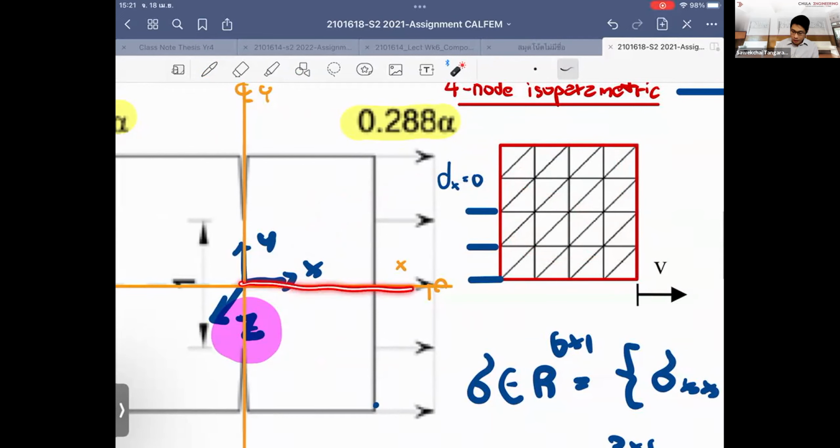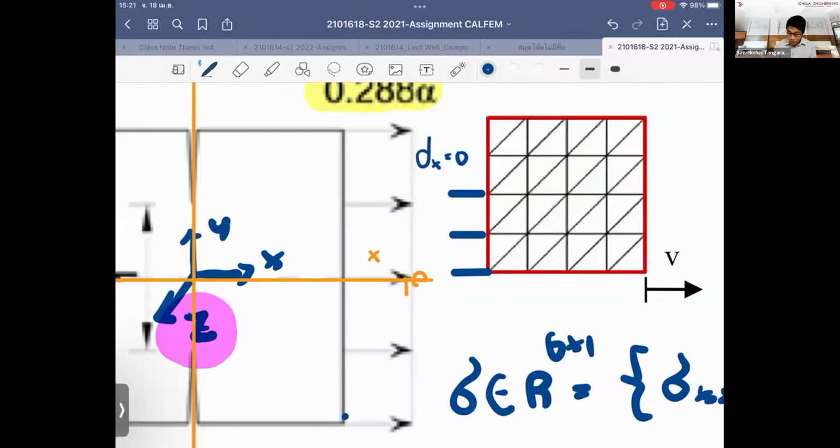Then I'm looking at the boundary line at the bottom. Similarly, it's just like the symmetry in the x-axis. So what is happening is it allows the movement in x, but it doesn't allow the movement in y, because anything that moves here will affect the thing at the bottom. So that's why I put them here as a boundary condition as a whole.